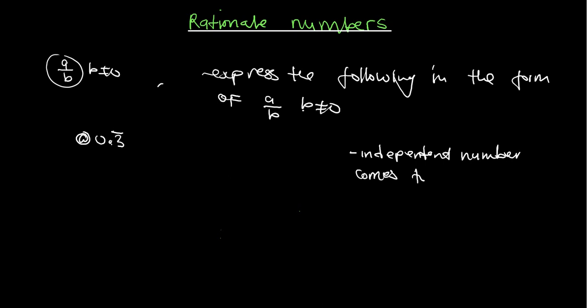So I'll write equation 2 and 1: 10x is equal to 3.3 bar, like that, and x is equal to 0.3 bar. When you subtract this, we are going to have what? 10x minus x, that's 9x, right? Then what is 3.3 bar minus 0.3 bar? That's 3.